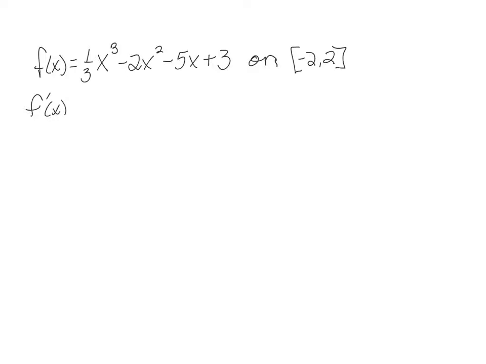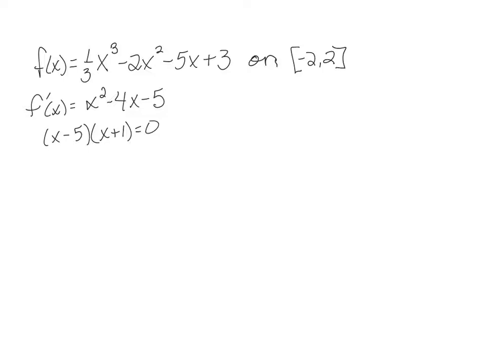Okay, let's look at the same problem that we used before in the last video. This is a cubic. We know what a cubic looks like because we've graphed plenty of them in pre-calculus and in this class. Let's start on the interval minus 2 to plus 2 and see what happens. The first thing you do is find your critical numbers. We should get 2 critical numbers from this. So you take your derivative, set it equal to 0, factor, and solve for x.